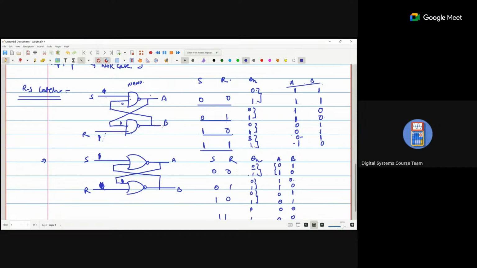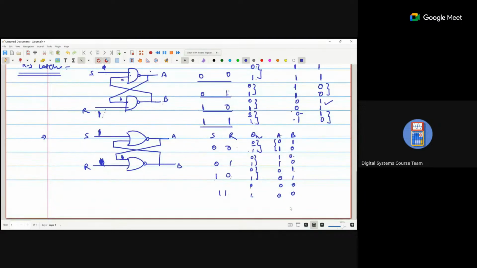When it is 1 0, the output is 0 1. When it is 1 1, the output is this. So the table is completely different with the NAND and NOR gate.